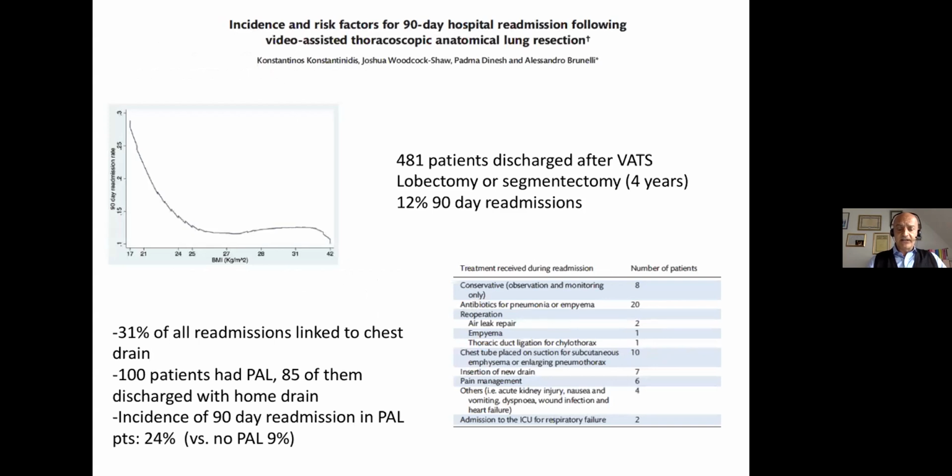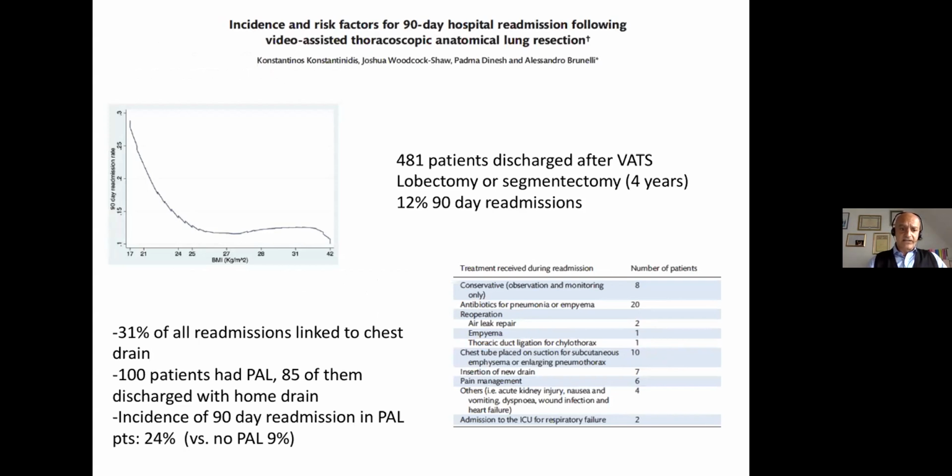We know that 30% of all readmissions within 90 days after a VATS lobectomy, for instance, are linked or associated with some chest drain problems.